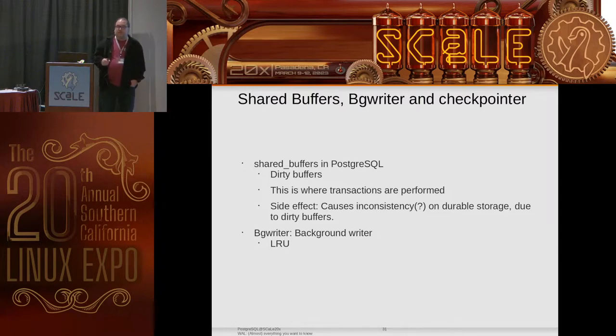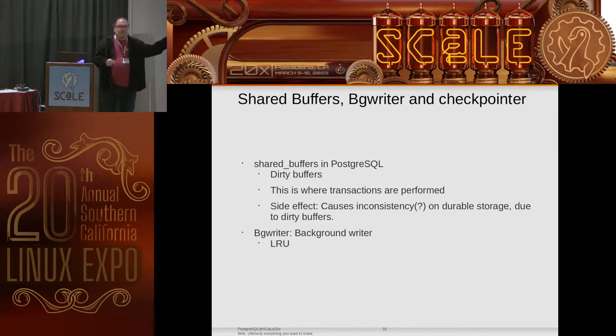So let's say we committed a few transactions and they are in the shared buffers now, which have not been synchronized to the data files yet. So we ran a few transactions. They are written to the WAL files, but not yet written to the data files.